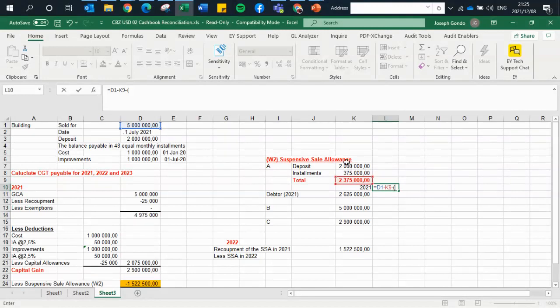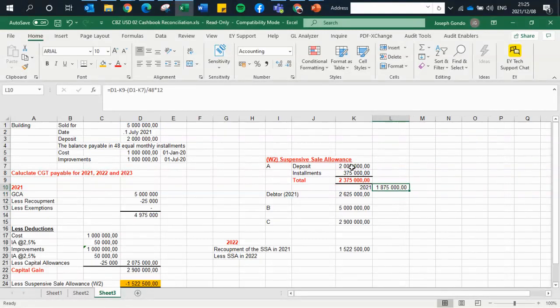So the total will be this one minus the deposit divided by 48 months multiplied by 12 months. So this will be the balance in 2022.